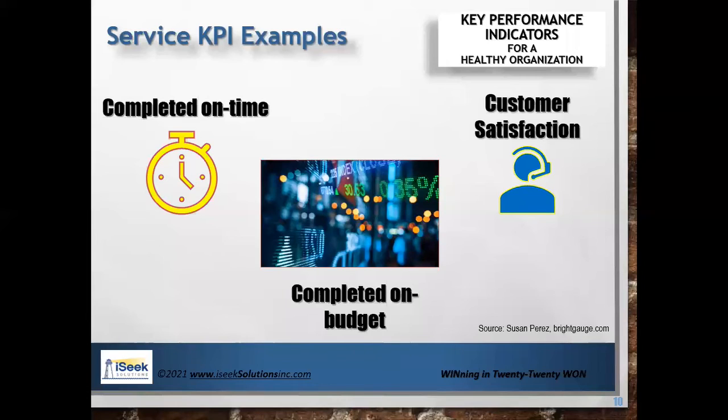Same thing with budget. If we inform a customer that a service is going to cost a certain number, then we want to make sure that we complete on that number. And if we're not providing a service in a certain time frame or on a certain budget, then that's an indicator that something may be wrong.